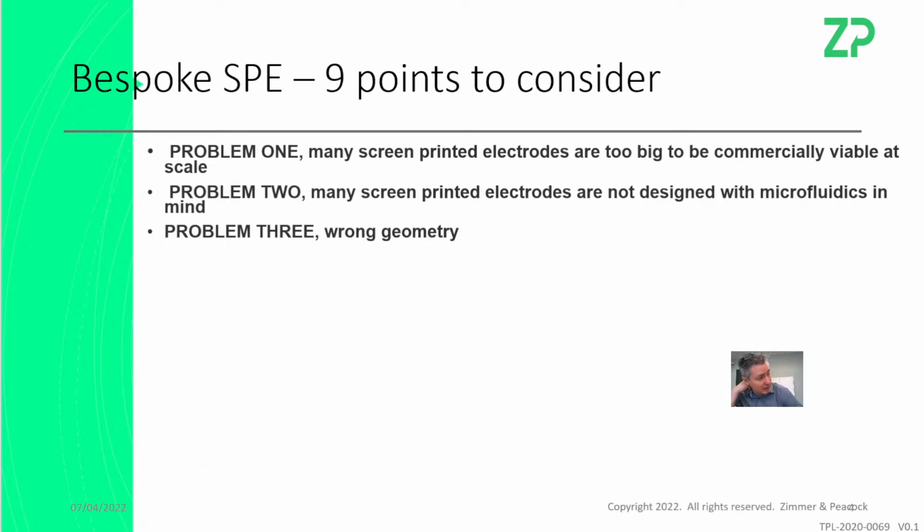Problem number 3 is probably linked to problem number 2. It's just the wrong geometry. People kind of go for circular geometries. Maybe a wrong geometry would be an interdigitated design. I understand why people like interdigitated designs, because in the literature it says interdigitated designs are really good for impedance spectroscopy. The problem with interdigitated designs is they're really hard to manufacture at volume and get a low cost.